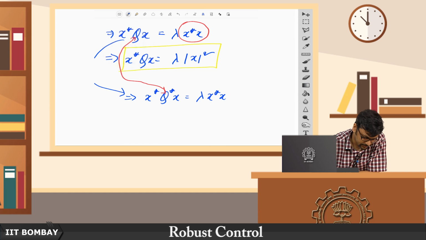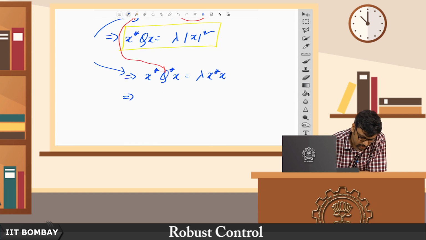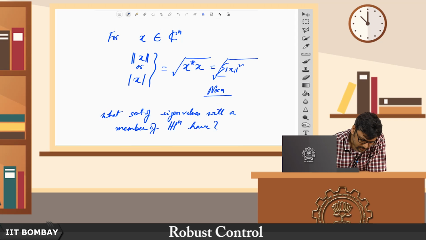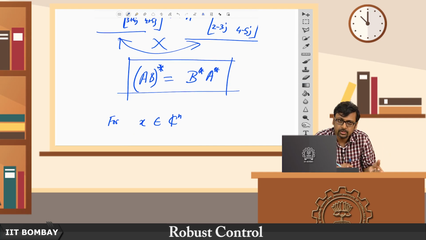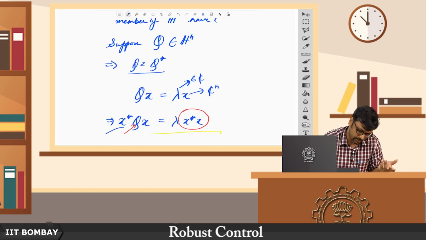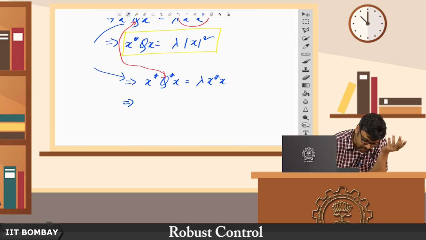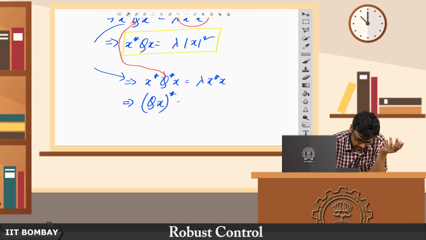Once we have done that, now remember this property, this AB whole Hermitian transpose conjugate is equal to B transpose conjugate times A transpose conjugate. So I am just using that result here, and I can say that this is Qx whole conjugate times x, and on the right hand side I have lambda times x squared.